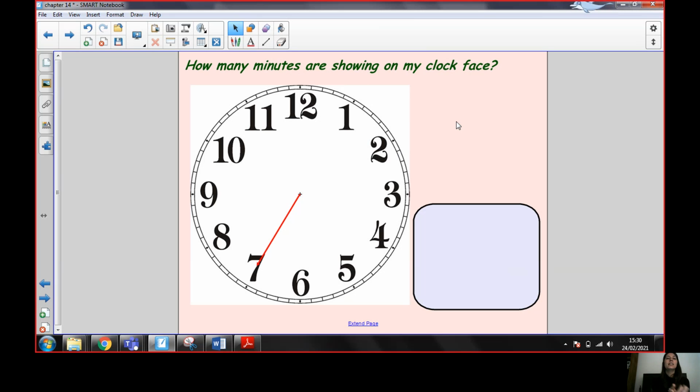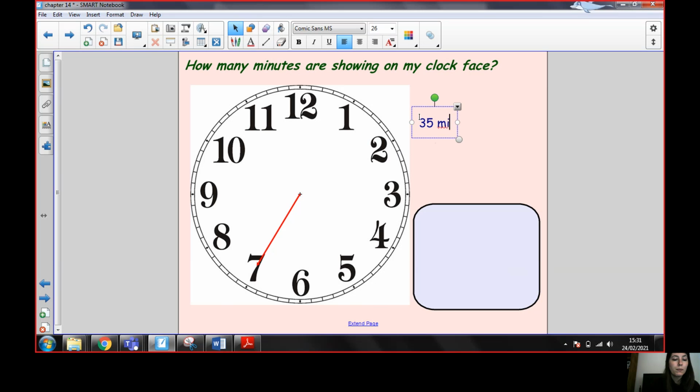So, if we're counting in fives around the clock face, how many minutes after would the 7 represent? Maybe pause the video and then we'll do it together. So, we've got our 0 here. Let's start counting in fives until we reach the 7. 5 minutes, 10 minutes, 15 minutes, 20 minutes, 25 minutes, 30 minutes, 35 minutes.